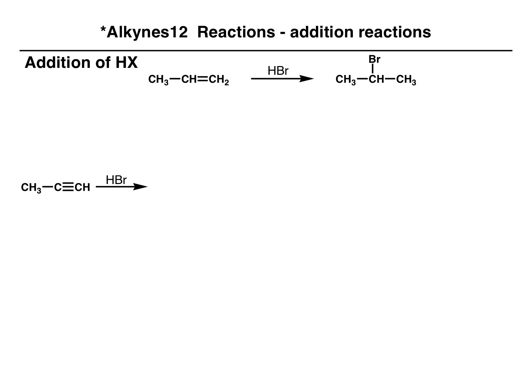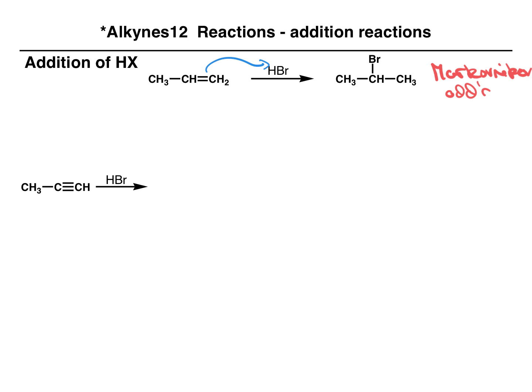In this case, the hydrogen added to the carbon that originally had more hydrogens, the bromine added to the carbon that had fewer hydrogens, resulting in this product, which is the result of Markovnikov addition.